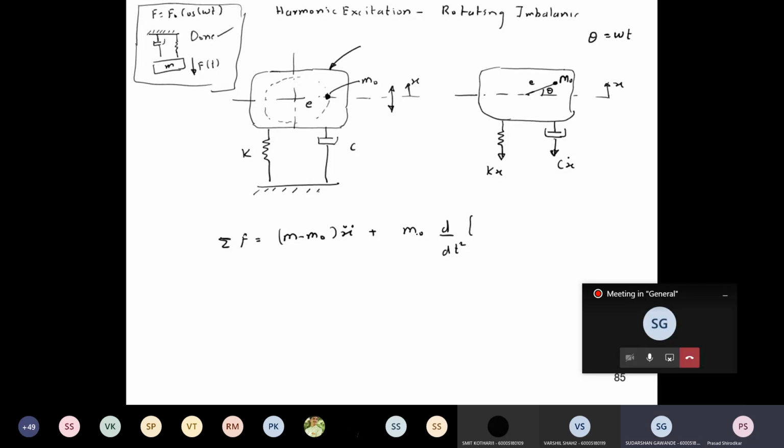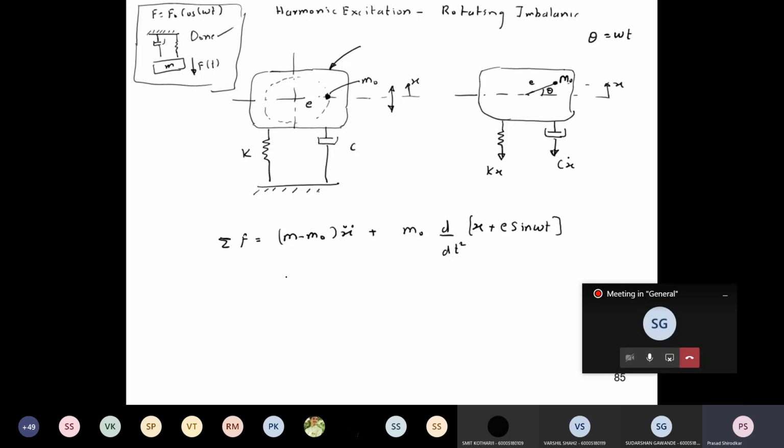So this acceleration of m0 will be x plus the displacement at instant t. So total displacement of m0 will be x plus this vertical distance. So that will be e sine theta or e sine omega t. Correct. So that is the second derivative of that. Okay.